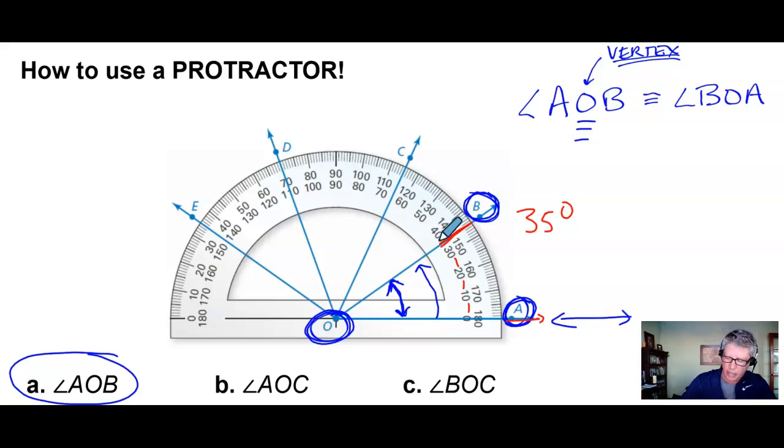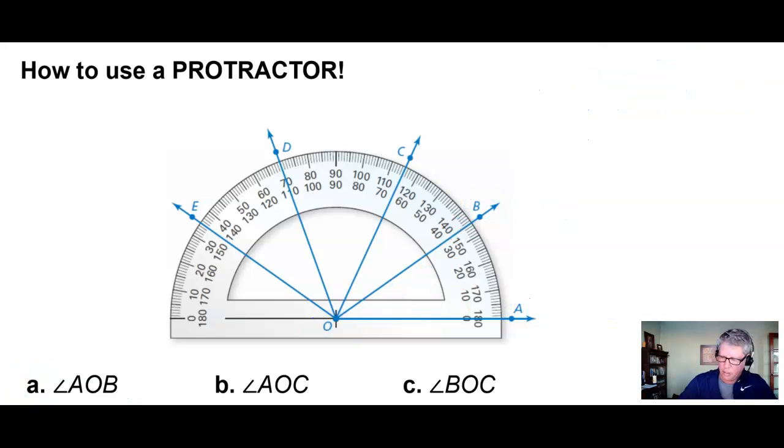So let's try another one. Let's try AOC. So here we go, AOC. That means we are measuring this angle right here. We start with the inner one, go up, it looks like 65 degrees. So AOC is 65 degrees. BOC.